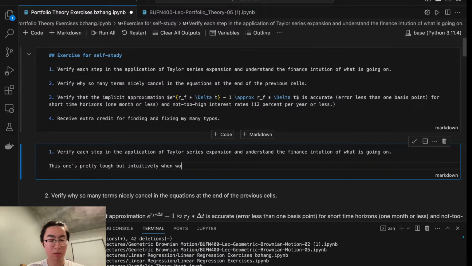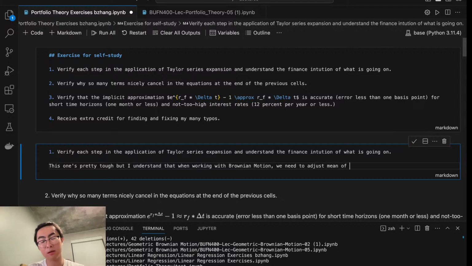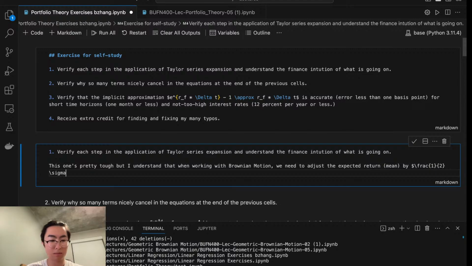I understand that when working with Brownian motion, we need to adjust the expected return mean by negative 0.5 times sigma squared, due to Jensen's inequality.